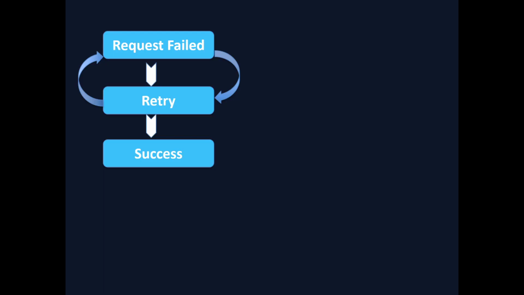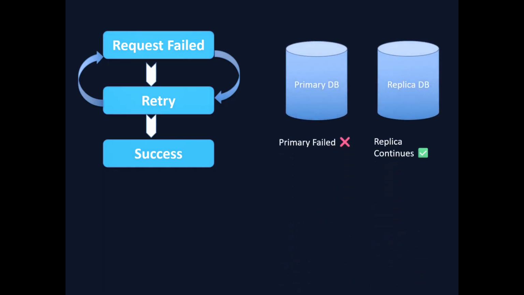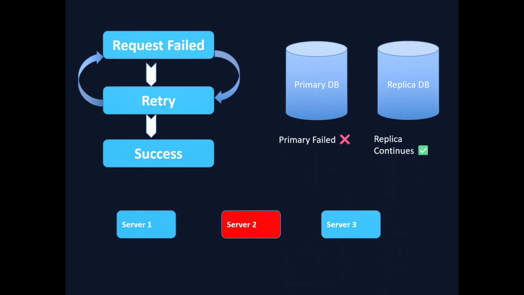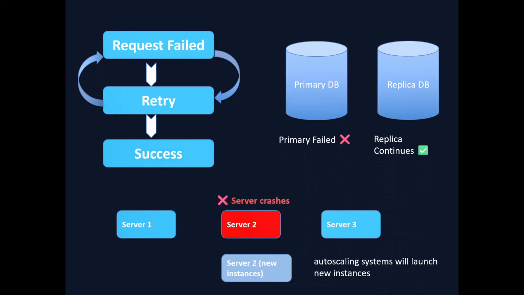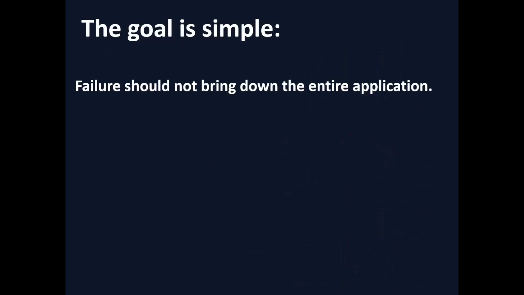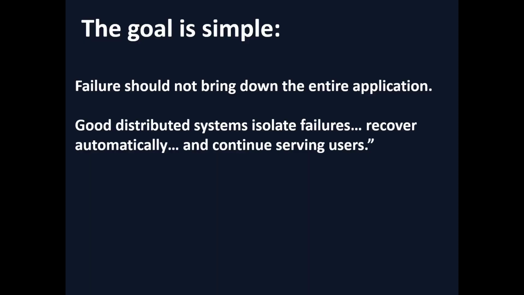In case of a database, if one database replica fails, another replica can continue serving traffic. If an entire server crashes, auto-scaling systems can launch new instances. So the goal is simple. Failure should not bring down the entire application, and a good distributed system isolates failures, recovers automatically and continues serving users.